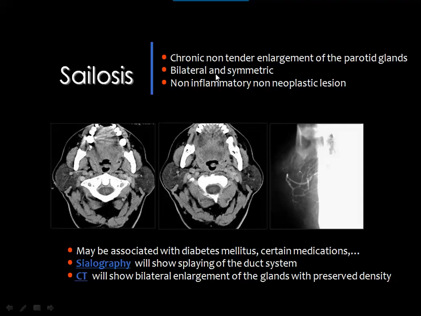They are bilateral and symmetric, and there is no evidence of inflammation or neoplasia. In case you did a sialogram, you will get a splaying of the duct system without erosion or displacement, and the CT will show bilateral enlargement of the glands maintaining their density. The importance of this disease is that it is usually associated with systemic diseases like diabetes mellitus and some medications. So if you diagnose sialosis, you should look behind it.